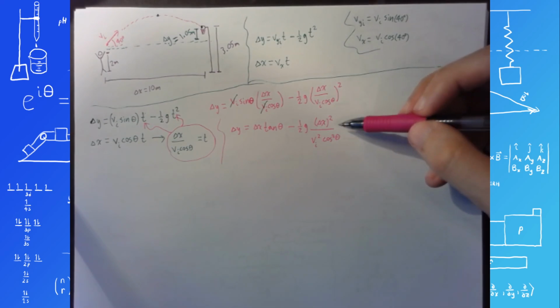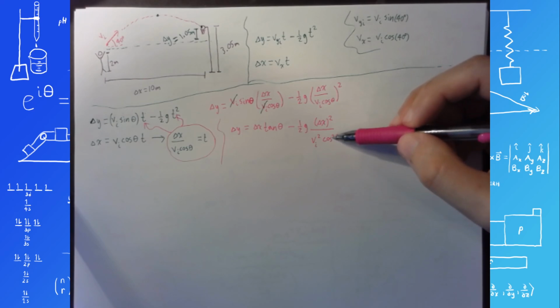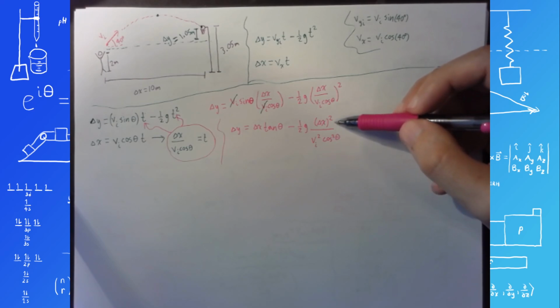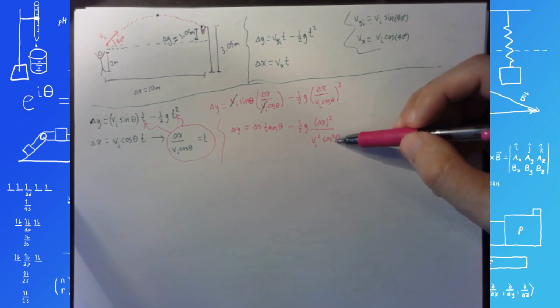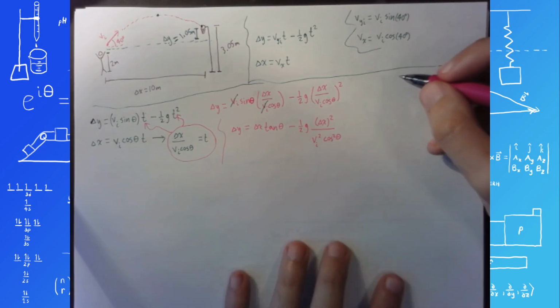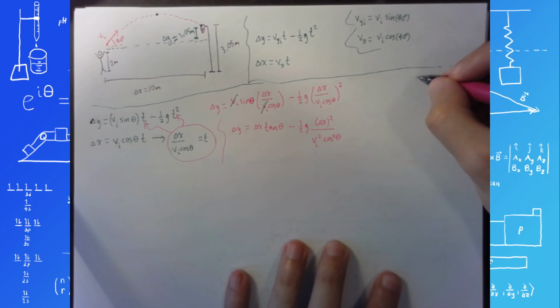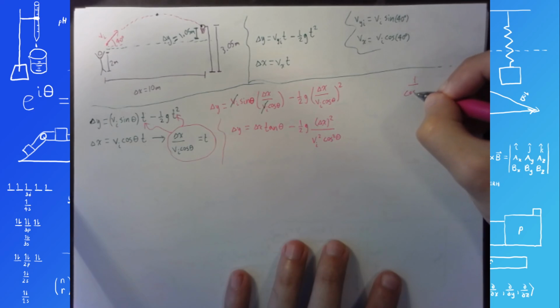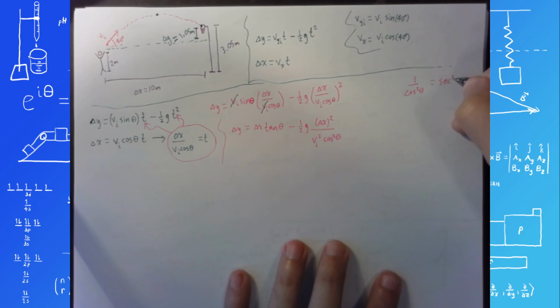Some people will rewrite the 1 over cosine squared theta as secant squared of theta. Those who haven't had pre-calculus yet might be confused by this, but 1 over cosine squared theta is defined as something called secant squared of theta. So if you see that in a textbook or something, that's what it means.